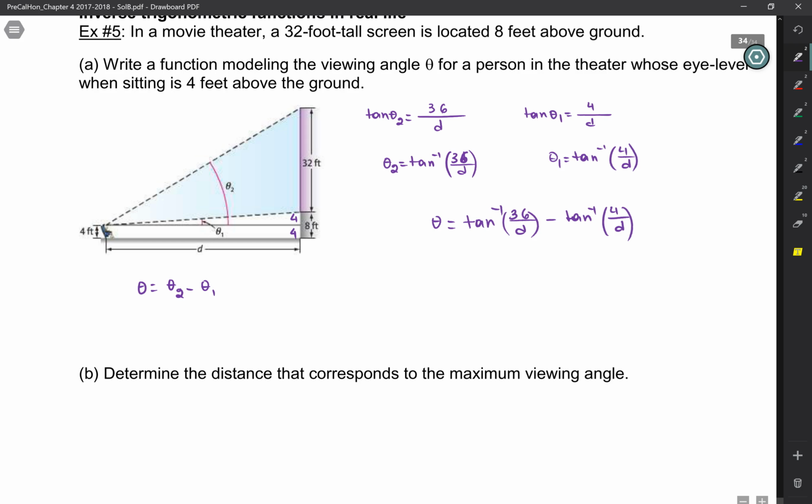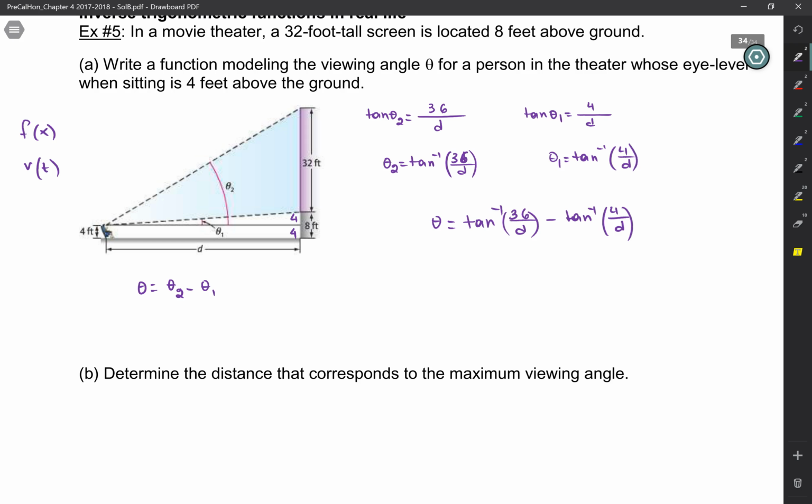Now, I'm going to throw some notation at you, so calculus is not the first time you're seeing it. We are used to f of x. What that says is there is a function called f, and the variable in that function is x. That could be v of t. The function's name is velocity, v for velocity, and the variable is t.